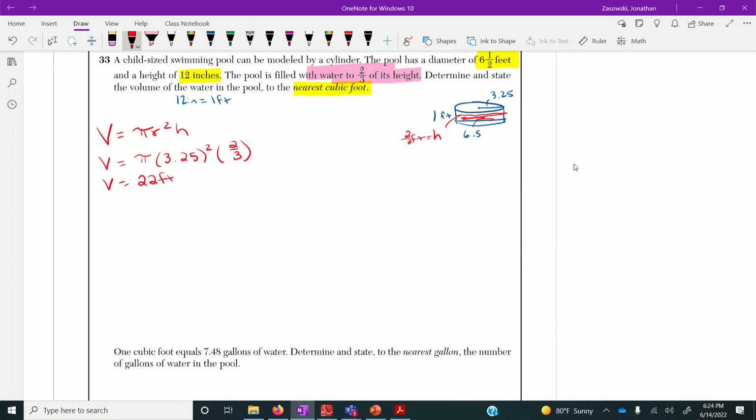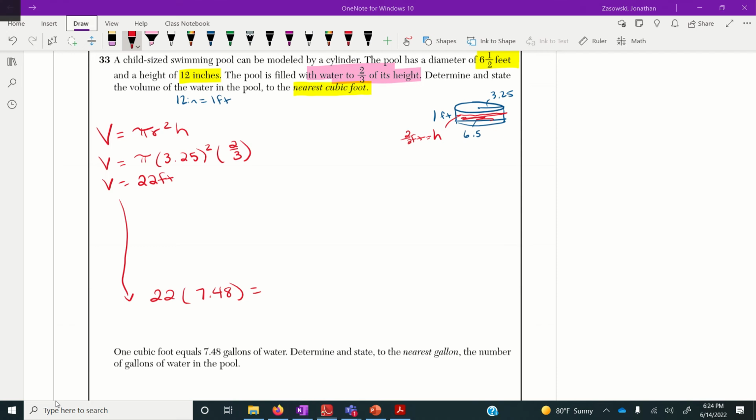Okay, so we can use this answer now to do this part down here. So if 1 cubic foot equals 7.48 gallons of water, what to the nearest gallon, how many gallons are in the pool? So all we have to do for this one is take 22 and multiply it by 7.48 to get our answer.